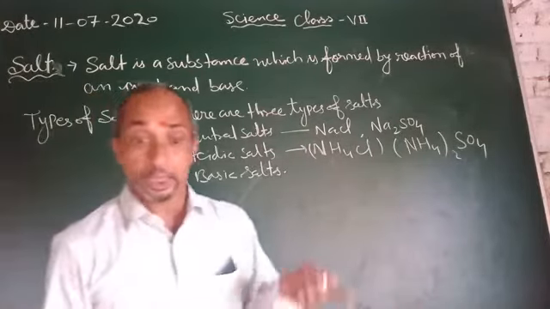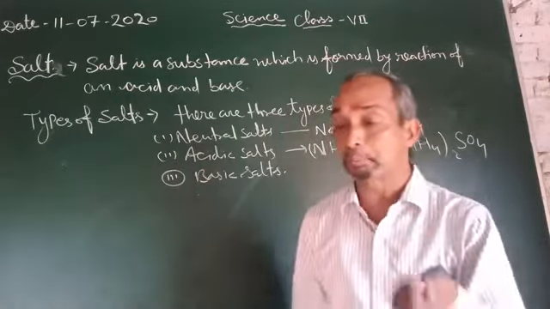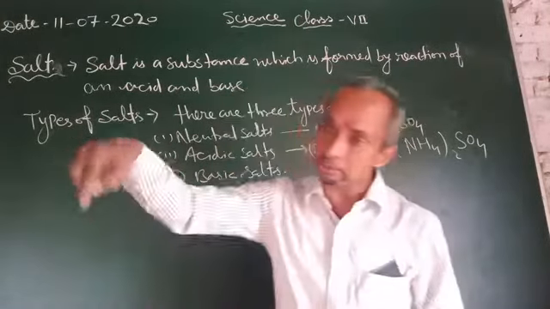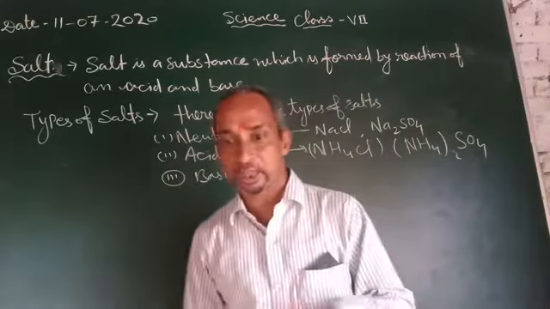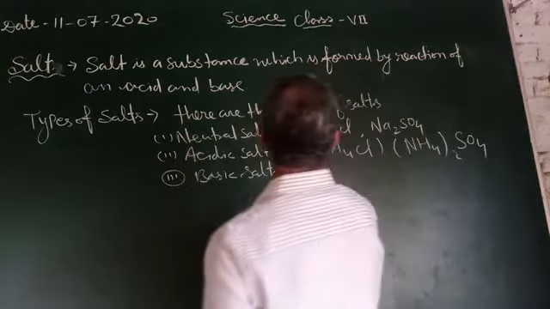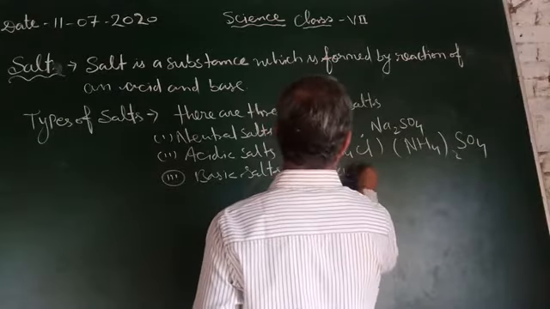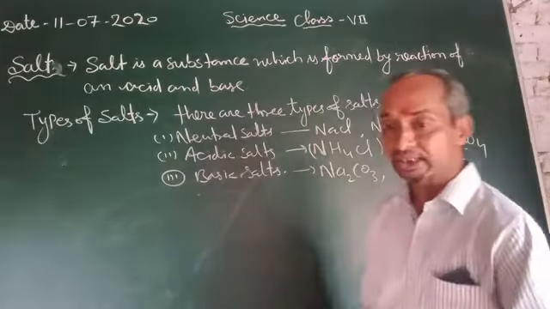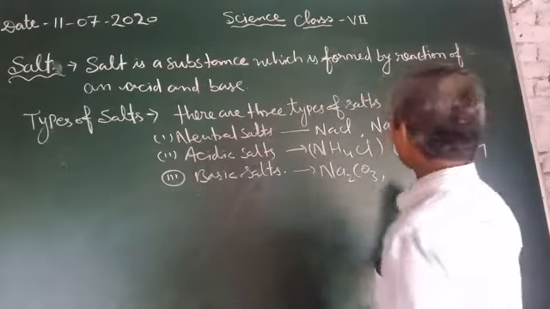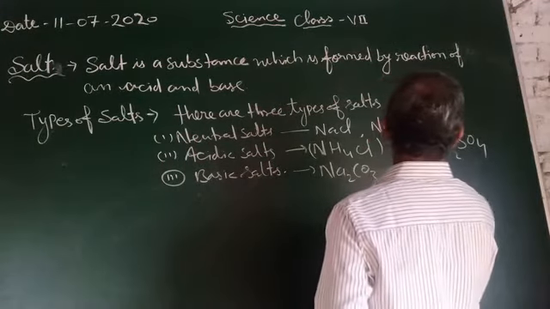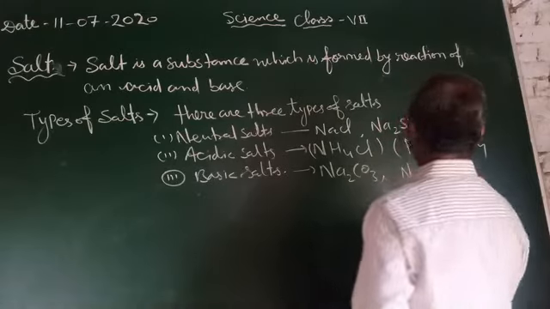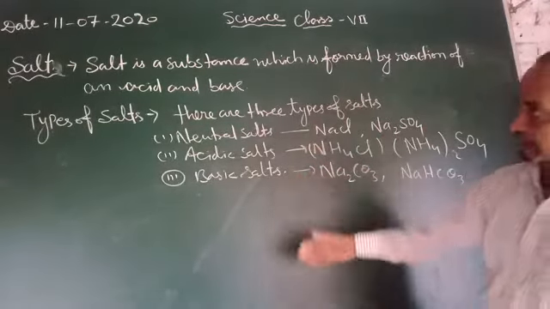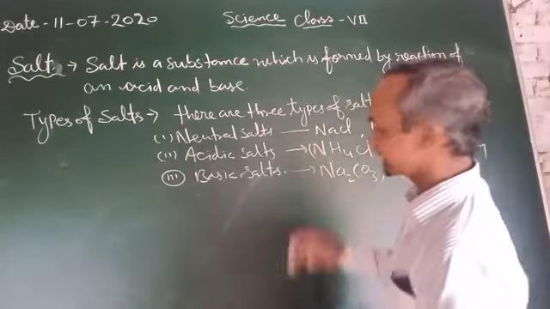Basic salts are those salts which form a basic solution on dissolving in water. For example, Na2CO3, sodium carbonate, and sodium hydrogen carbonate, NaHCO3. So these are the salts: neutral salts, acidic salts, basic salts.